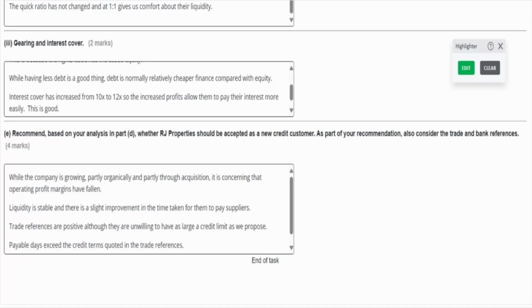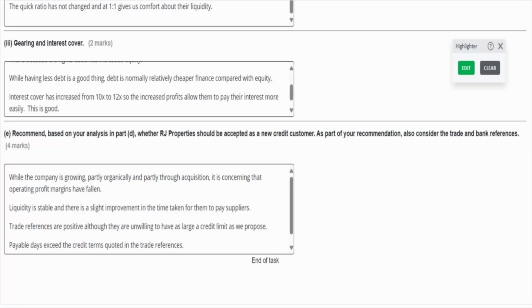So while it's sensible to spend money on advertising to increase revenue, if overall your profit margins are falling, then it would suggest that the spend on advertising hasn't been successful. Now remember that gross profit margins went up by 5% and operating profit margins down by 2%. So in real terms, it's gone down by 7%, which is really not good. Anyway, it's time to move on now. With our 3 marks available, we've said enough to earn those 3 marks, so we need to move on and earn the marks under liquidity.